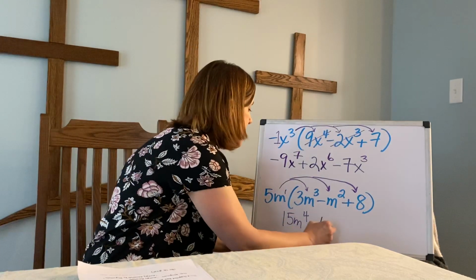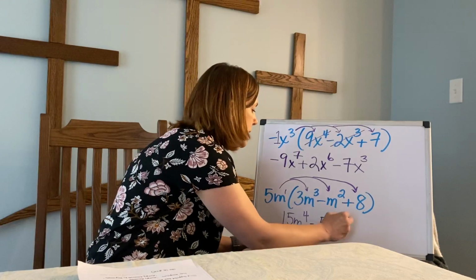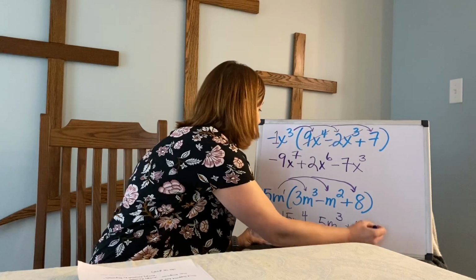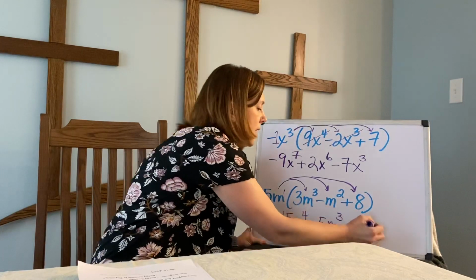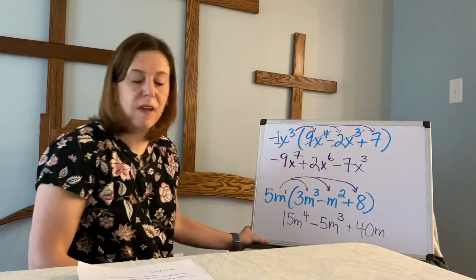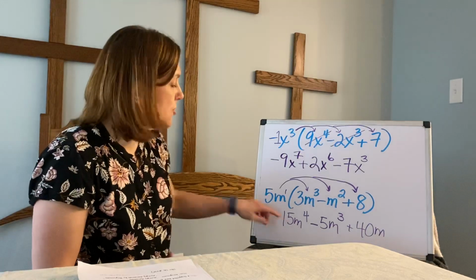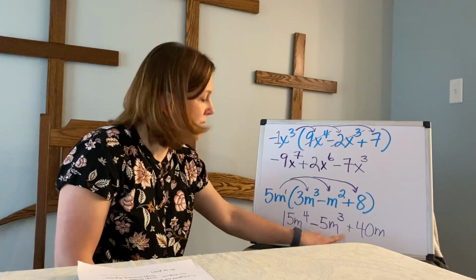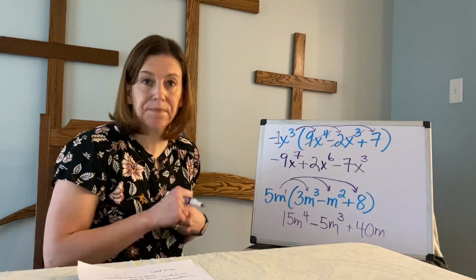And then I will get negative 5m cubed as my second term, and then multiplying the numbers together and leaving that m by itself, I get that. So my final answer here is 15m to the 4th minus 5m cubed plus 40m.